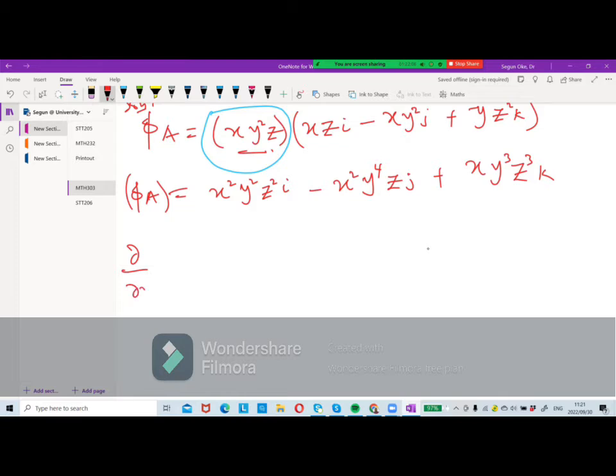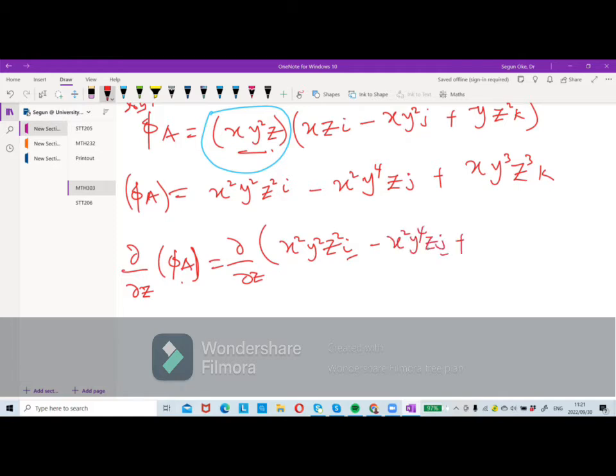d dz of phi A is equal to what? So we have d dz of x squared y squared z squared i minus x squared y to the power 4 z j plus x y cubed z cubed k.